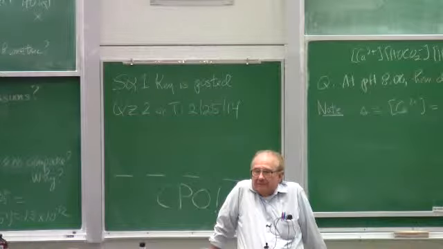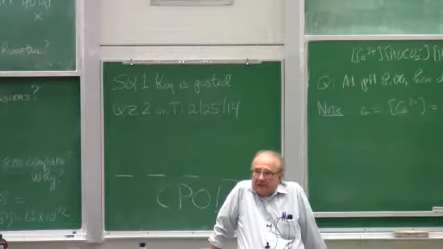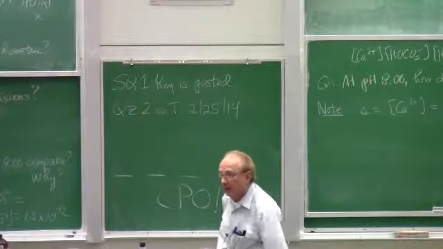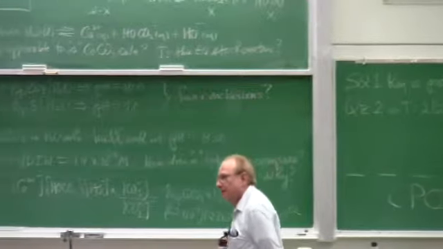Given that saturated calcium carbonate solution, pH is 10.0. What can you tell me about the comparable solubilities of these two carbonates, silver carbonate, calcium carbonate? They're very similar? You're damn right.